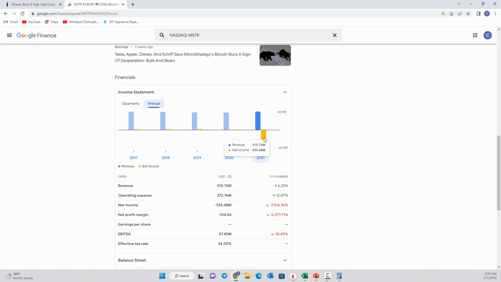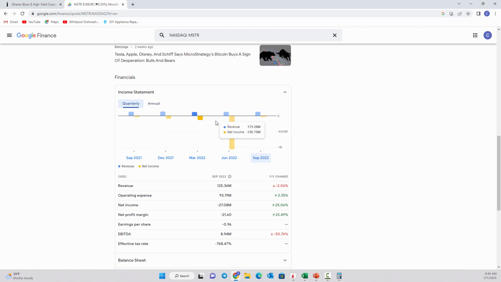The opposite math could be true. If Bitcoin were to surge back up to 80,000, 100,000, $120,000 a coin, well, all of a sudden the profitability that they're showing on their income statement would be sky high because they have to mark this to market. So very dangerous game they're playing. You can see it's certainly not working out.